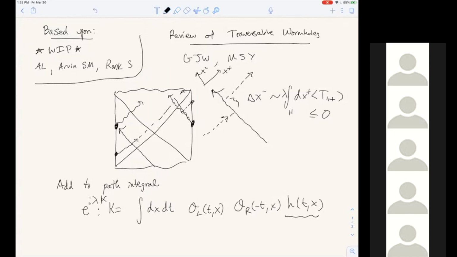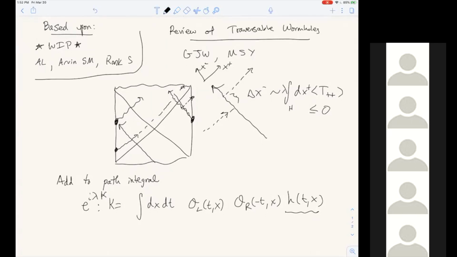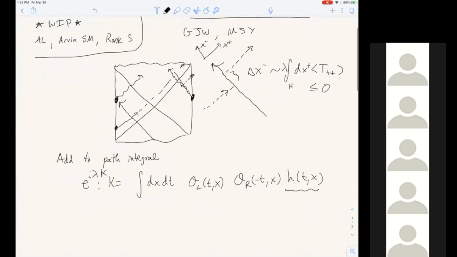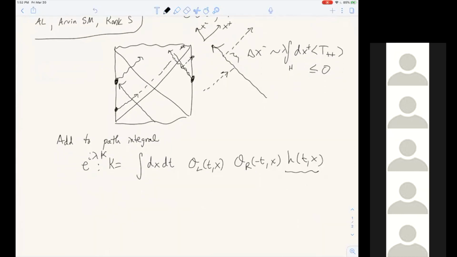Sorry, can you repeat again which operation we have to do? Yes, you distinguish acting with the operator from adding it to the Hamiltonian. So if you take the thermal field double, let's call it beta left right, and you just act on it with e to the i lambda k, and compute the expectation value of the average null energy in this state, it will always be positive.